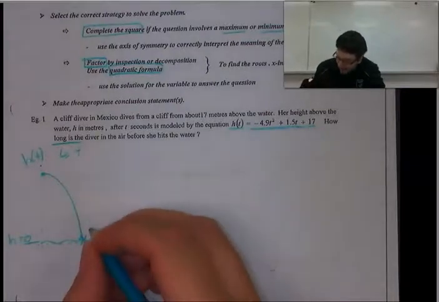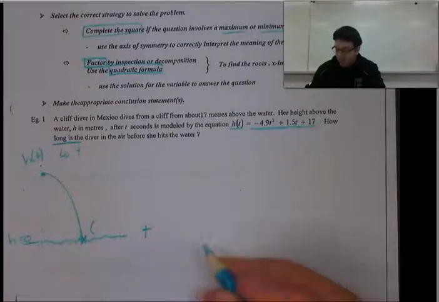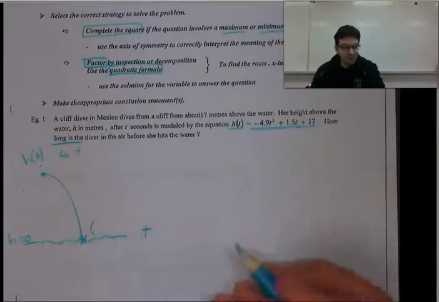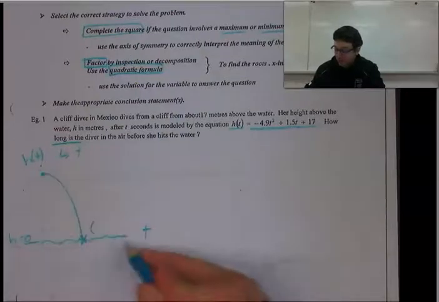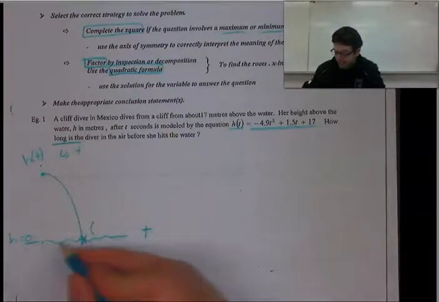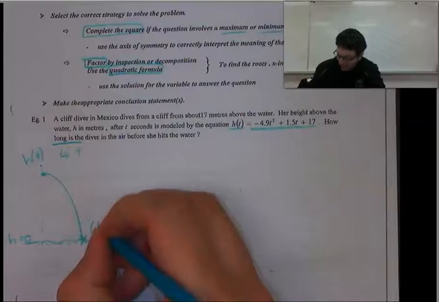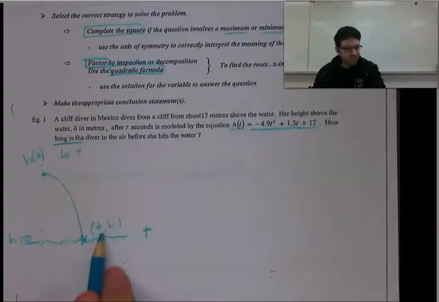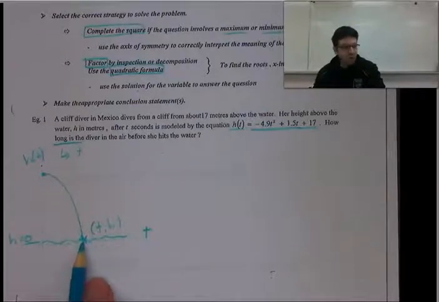Well, it has some sort of, I like to say x and y coordinate because we're so used to x and y, but according to this graph that I've drawn, it's t and h. Right? And we want to know that time. So we want to know the x coordinate when we cross that axis. So essentially what we're looking for is the x-intercept, or the root, or the zeros, whatever you want to call it.